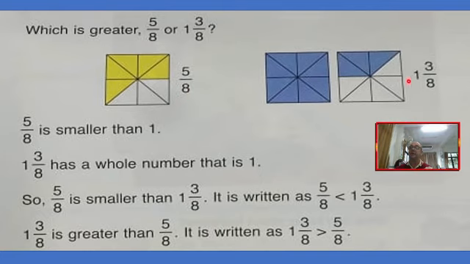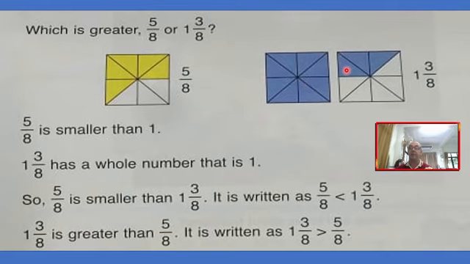Okay, but here we have 1 and 3 over 8. So here is the 1 because we have all 8 pieces. So that makes one whole piece.